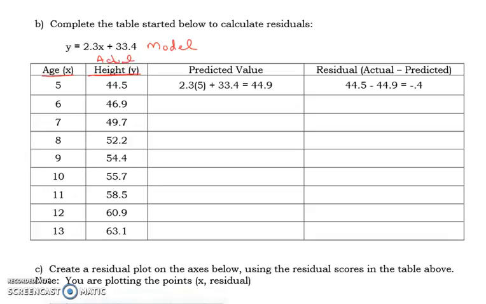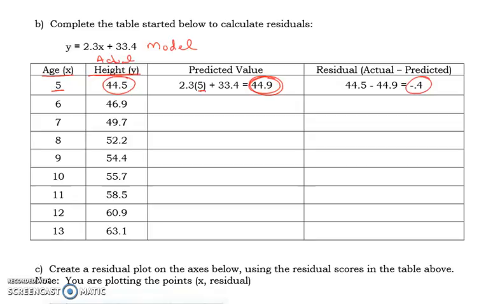So when I do my residuals, this is the value that I'm going to use with the subtraction. The predicted value comes from taking the x and substituting it into the model. So the 44.9 is the predicted value. Now to calculate the residual, I do the actual 44.5 minus the predicted 44.9, and my residual is negative 0.4.